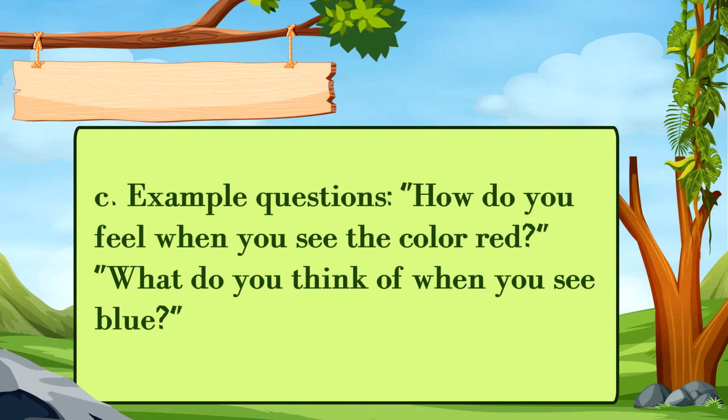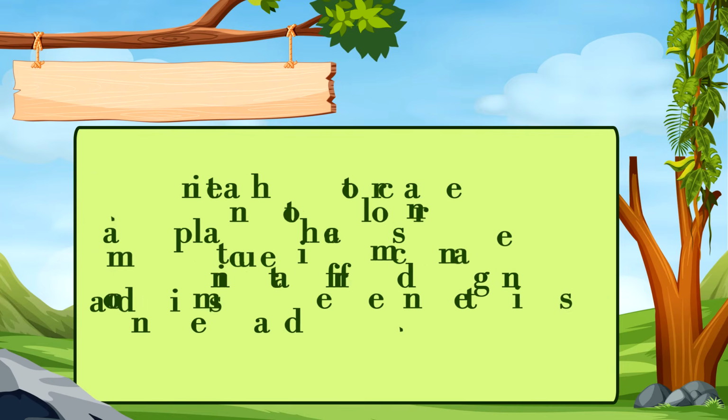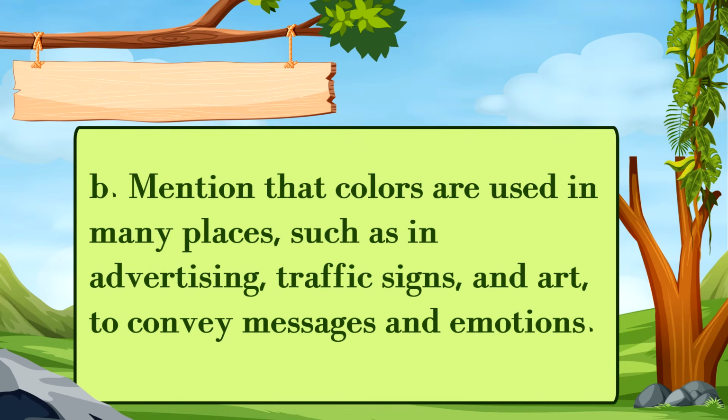What do you think of when you see blue? Explain that colors can communicate different feelings and ideas. Mention that colors are used in many places, such as in advertising, traffic signs, and art, to convey messages and emotions.